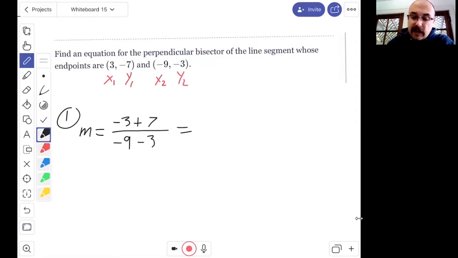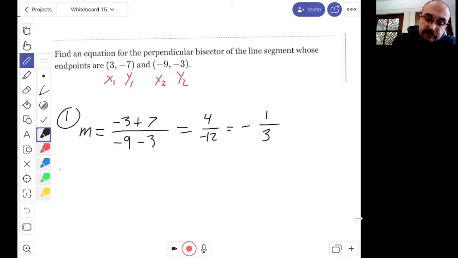Let's simplify this fraction. -3 plus 7 is 4. On the bottom, we got -9 minus 3. That's -12. And that will simplify -4/12 to -1/3. Okay, we have a slope. I'm going to leave that sit there for a minute. We'll come back to that and use it later.